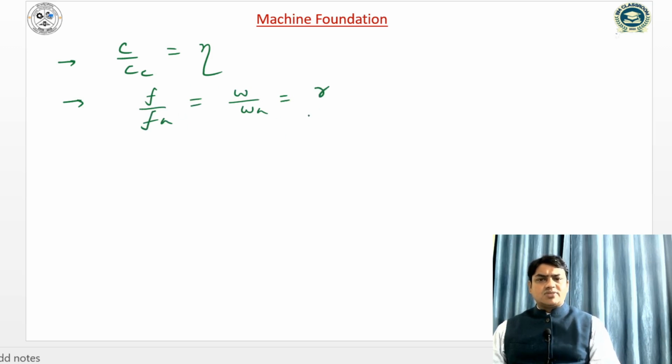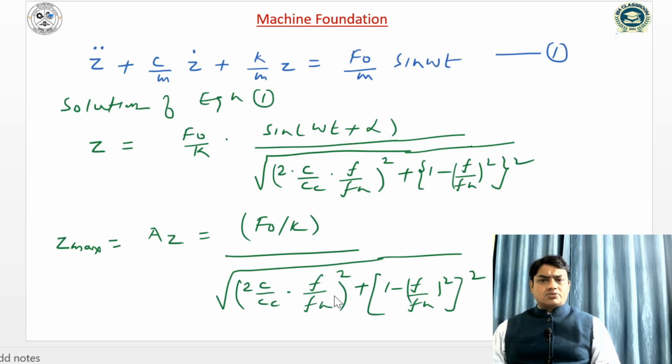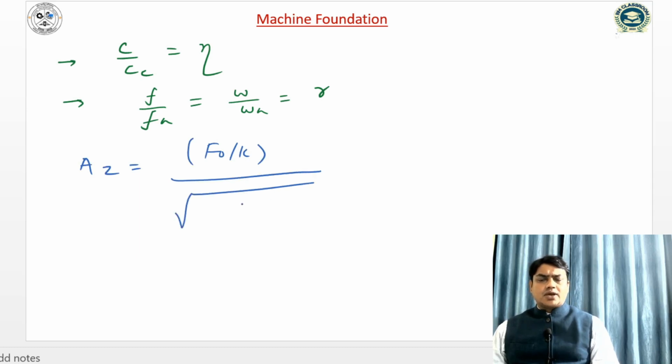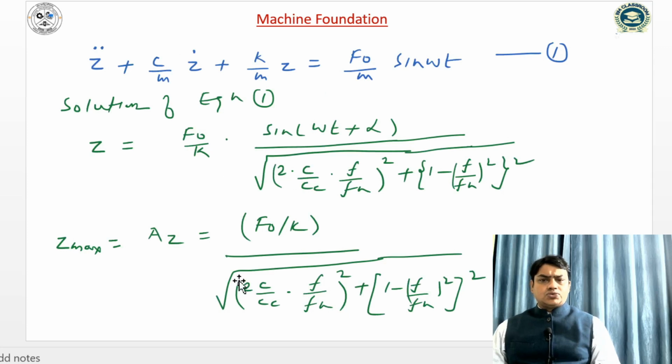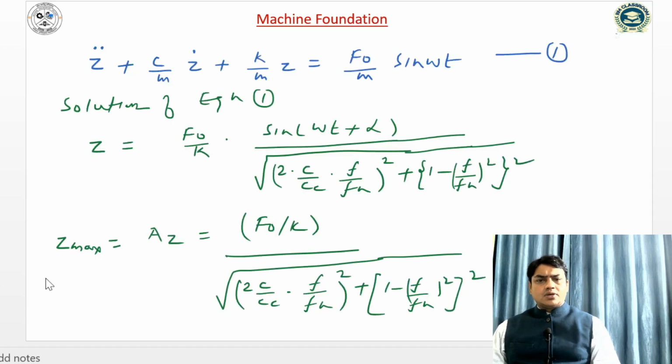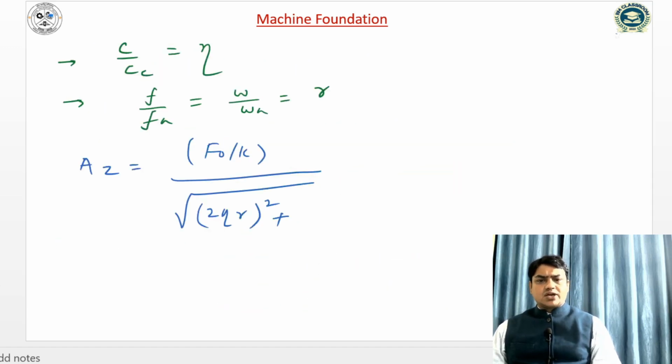So if I put the value of c by cc and r in this equation, we can write az is equal to F naught by k divided by square root of 2 eta r whole square plus 1 minus r square whole square.